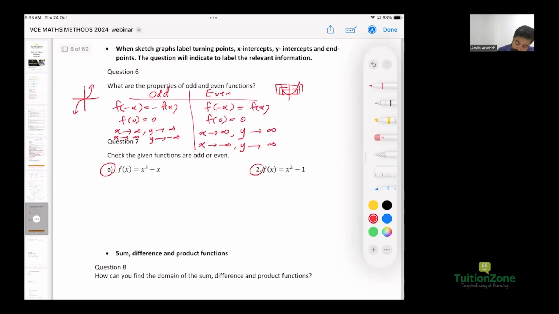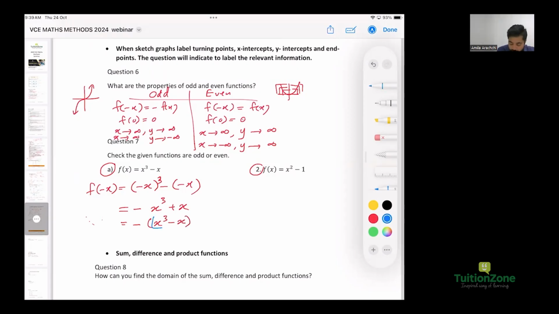All right, for the first one, what you have to do is sub in the negative x. So f of negative x, which is bracket negative x cubed minus negative x. And what's negative x cubed? Negative x times negative x times negative x, which is negative x cubed plus x. Then they don't look the same. But what if I take the negative out as a common factor? X cubed minus x.